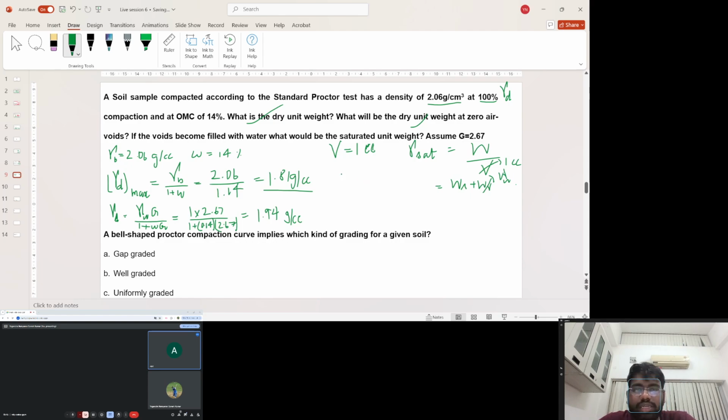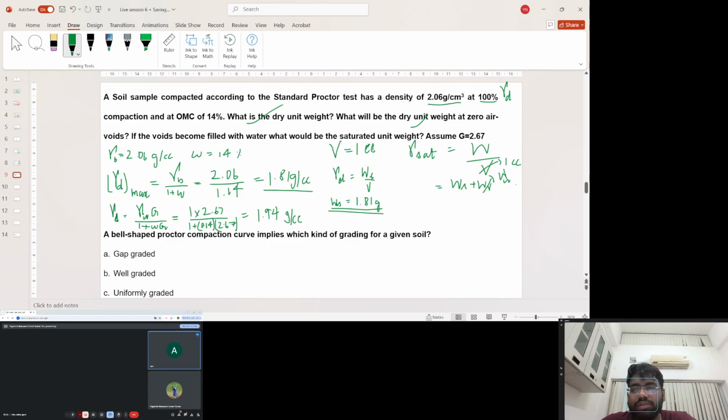Now you know dry density gamma d is equal to weight of solids by total volume. So weight of solids will be 1.81 grams per cc. So volume is 1 cc.